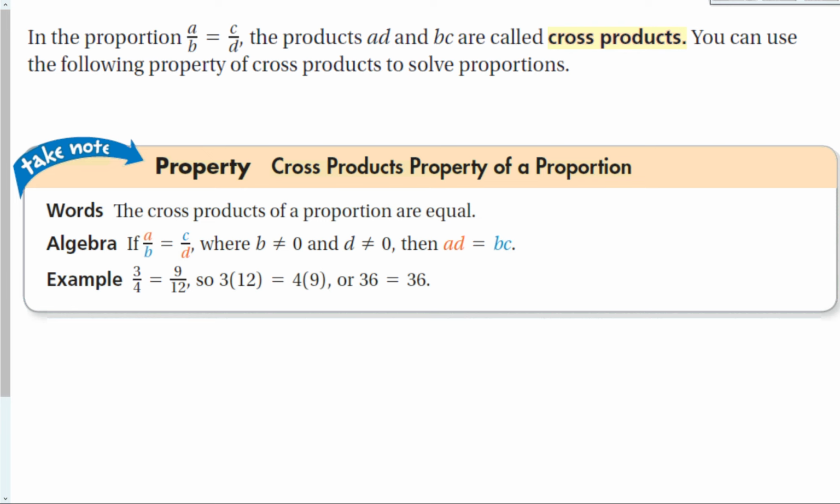So the cross products of a proportion are always equal to each other. Notice in the red, A over B is equal to C over D, we have A and D. In the blue we have B and C. And as long as B and D are not equal to 0, then A times D is equal to B times C. For example, 3 times 12 is equal to 4 times 9, both 36.